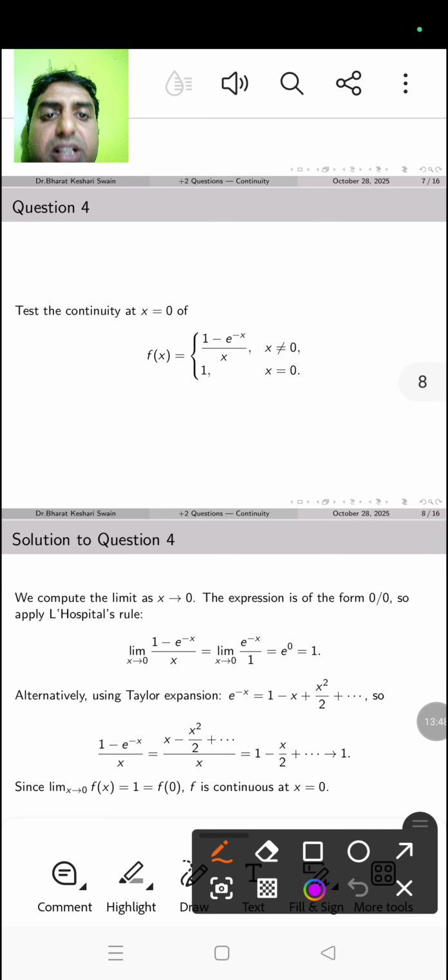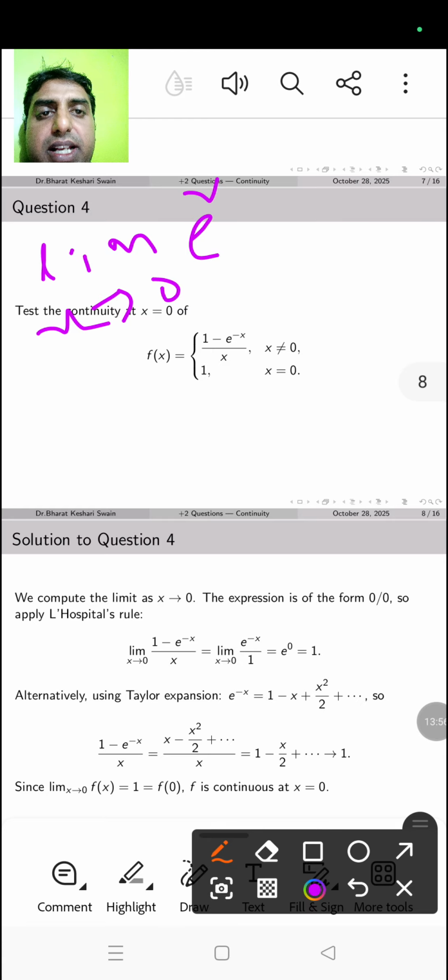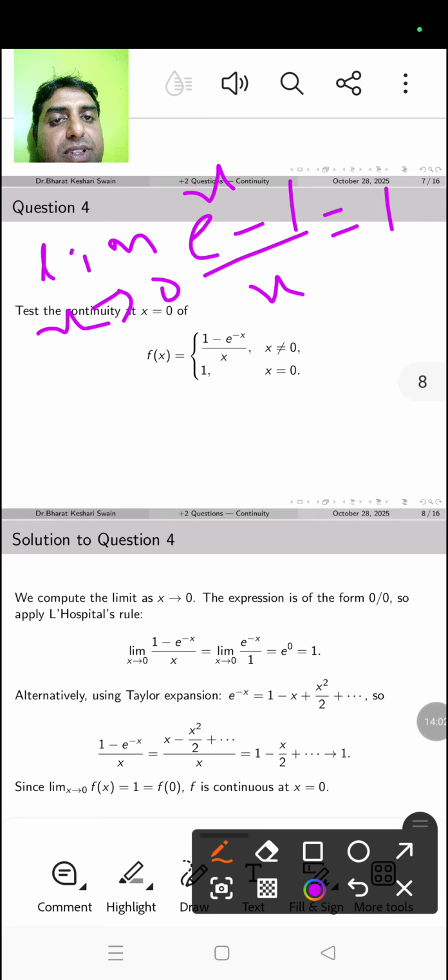We have a formula that limit x tends to 0 e to the power x minus 1 divided by x is equal to 1. If you check my first lecture of the limit, we have written a formula like this: limit x tends to 0 e to the power x minus 1 divided by x is equal to 1.